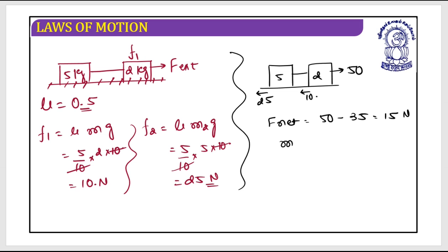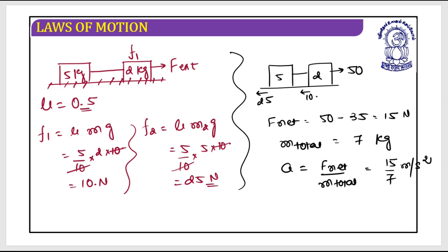And the total mass of the system is 7 kg. So acceleration could be written as F net divided by m total. So this could be written as 15/7 meter per second square. This should be the acceleration of the system.